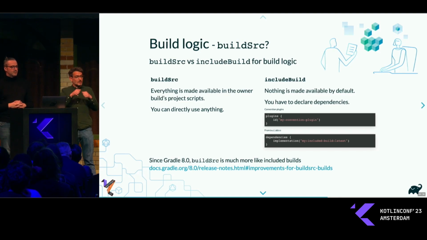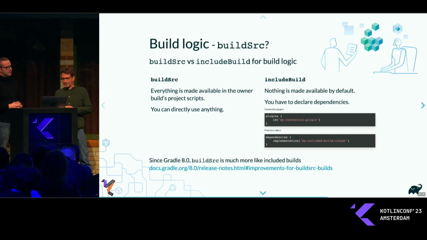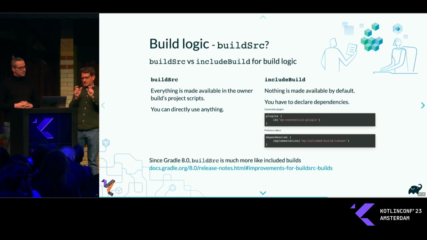The first one is to just request a plugin, and if the plugin ID is found in this included build, then it will be made available. It's dependency resolution behind the scenes, just like any dependency. Or you can declare a dependency, like we did, we have in our BuildSrc that depends on our image generation. It's a regular dependency.